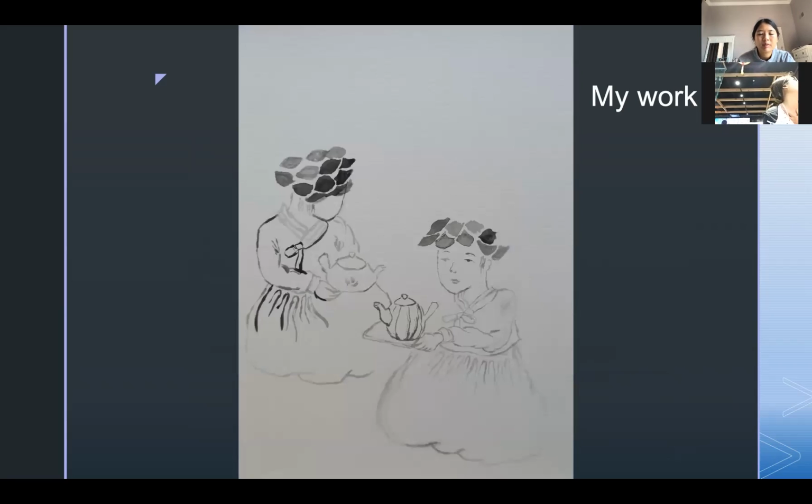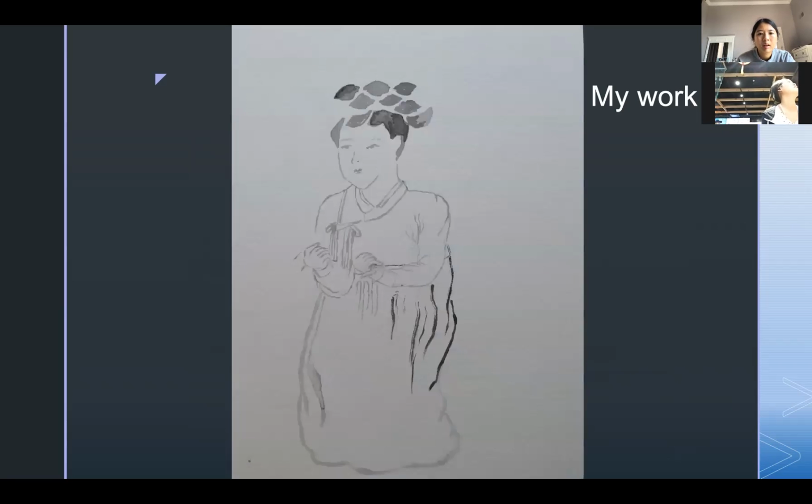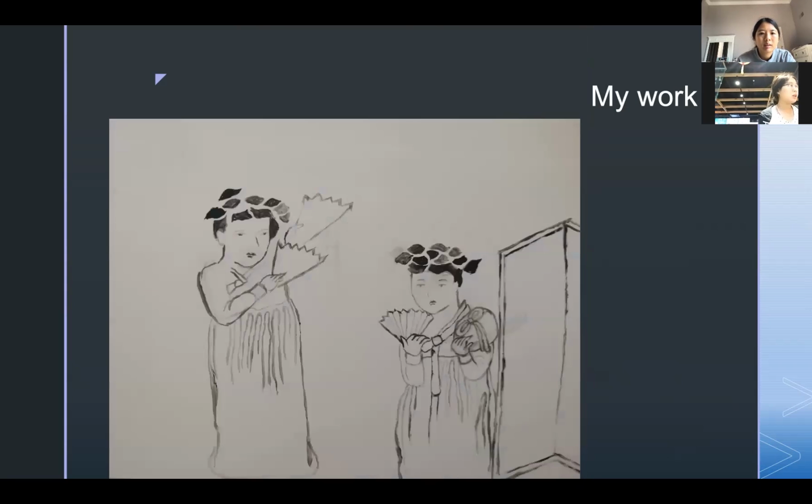A woman serving tea. A portrait of a Korean woman wearing a hanbok. And these are done on watercolor paper, mostly with ink.